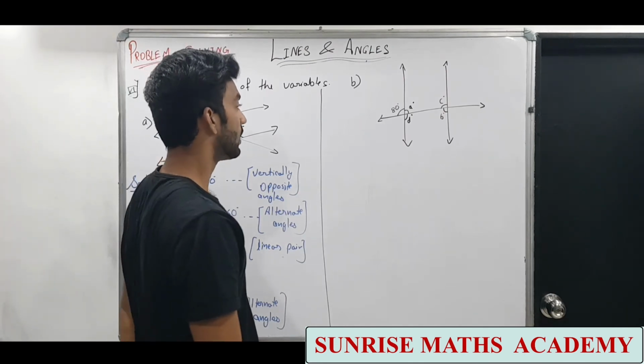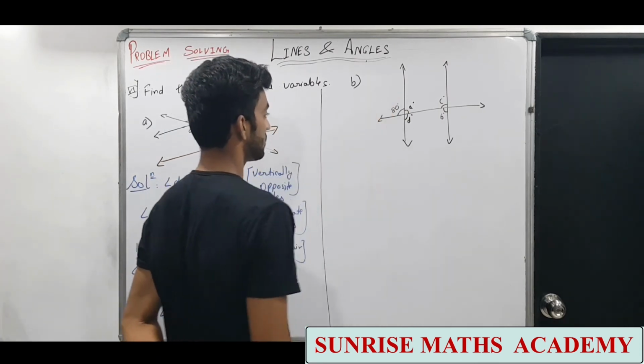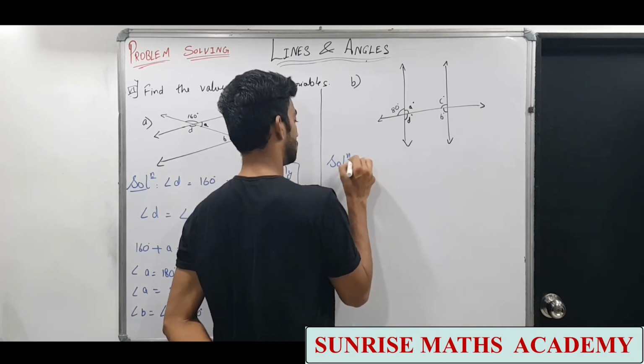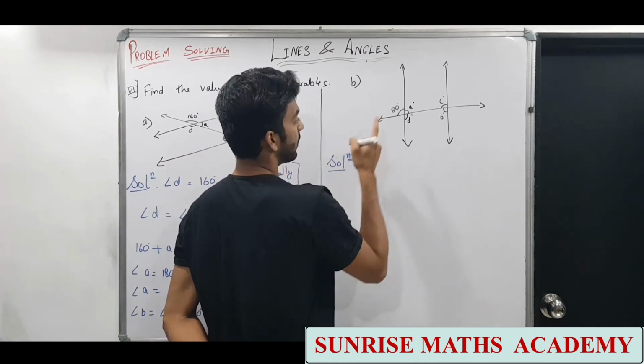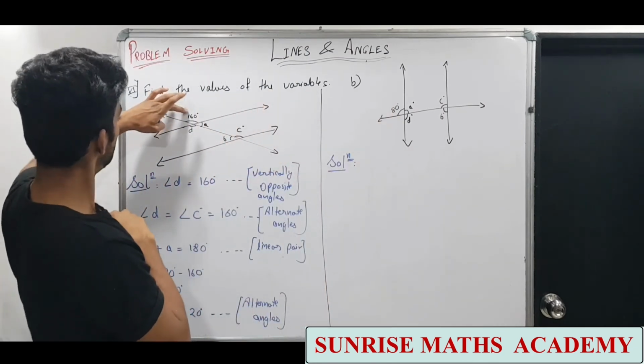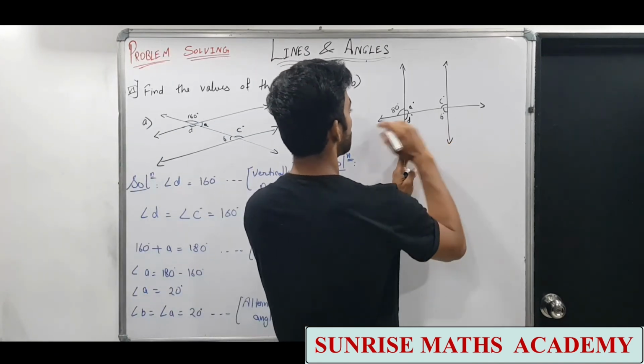Next figure में same A B C D दिया हुआ है variables, but the measure here is 80 degree. So this is 80. Now here I took this with this vertically opposite. Then these two lines are parallel. This is the transversal.